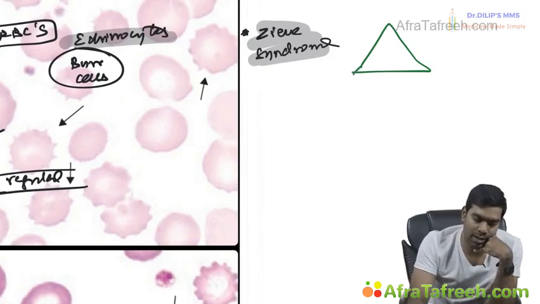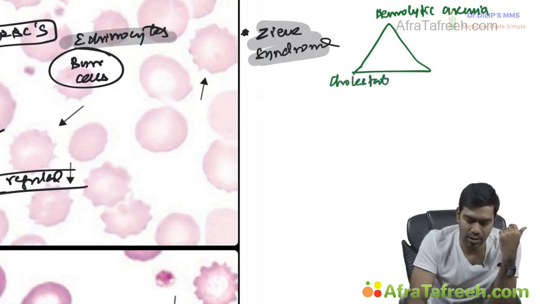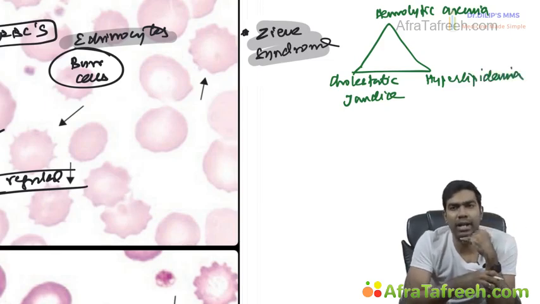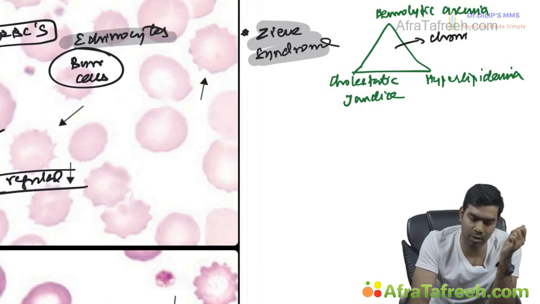You have hemolytic anemia, then associated cholestatic jaundice, and finally a transient hyperlipidemia. This is the triad of Zieve syndrome. Where do you see Zieve syndrome? Typically in chronic alcoholism.